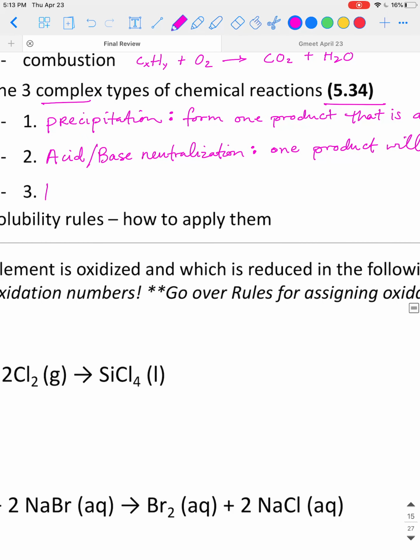Number 3, maybe the most complex kind, was redox, which stands for oxidation reduction.